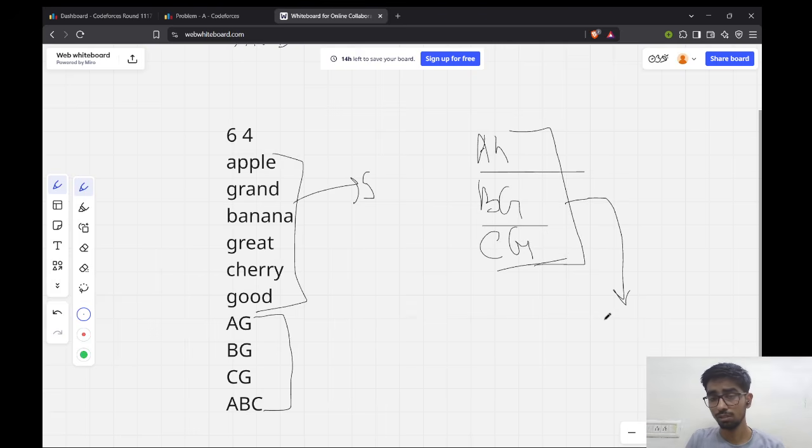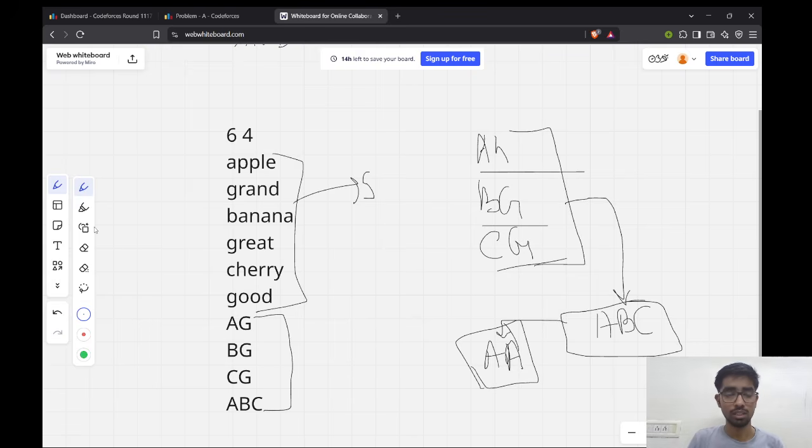So now we can form another abbreviation, ABC, right? So the fourth abbreviation is ABC. Even now, if there had been some higher value of M, then the next abbreviation could be A or AA, right? So that was the thing.